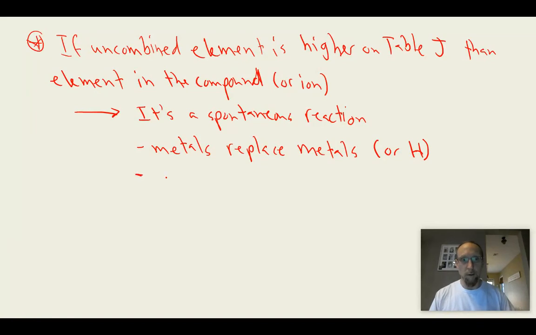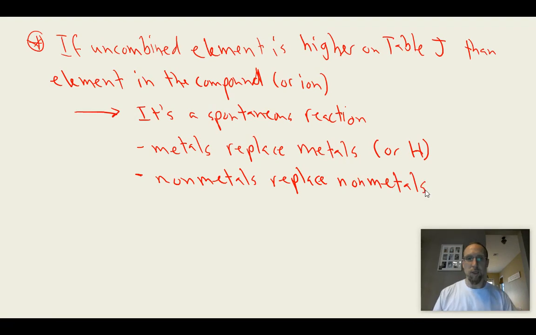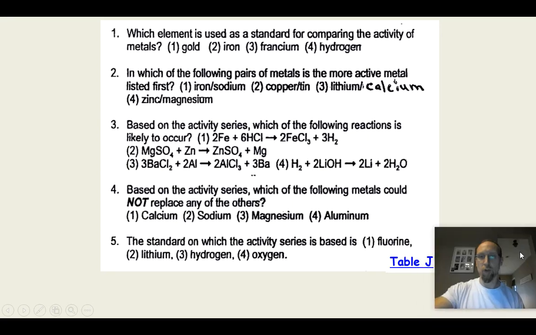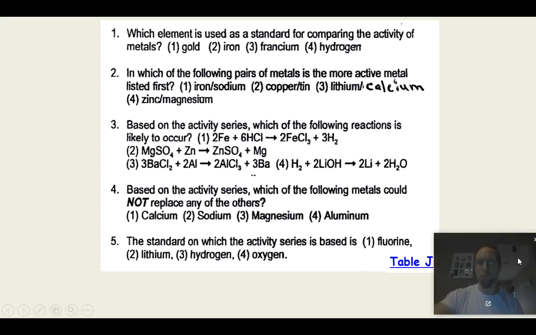And nonmetals replace nonmetals. All right, just keep this last bit in mind here. It sums everything up nicely. Now let's take a look at some practice problems. Why don't you pause the video for a second, try these problems out, and then we'll come back and go over them.